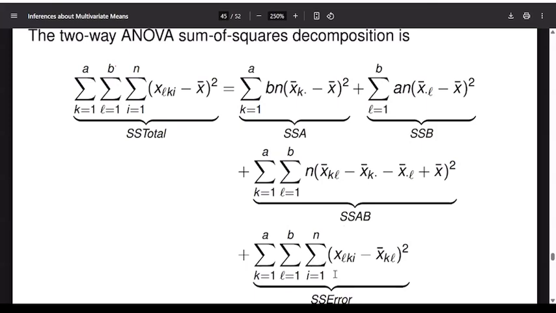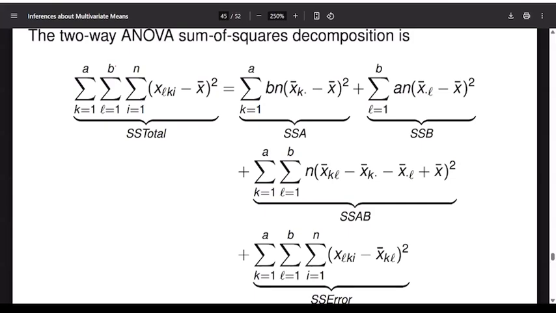The error here is unexplained variation. SSA, SSB, SSAB are collectively called explained variation. So the total variation can be broken down into explained and unexplained. Does that make sense? Okay.